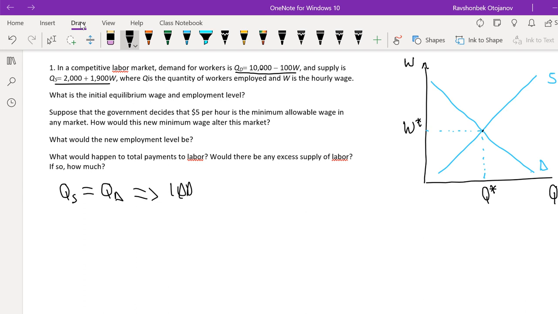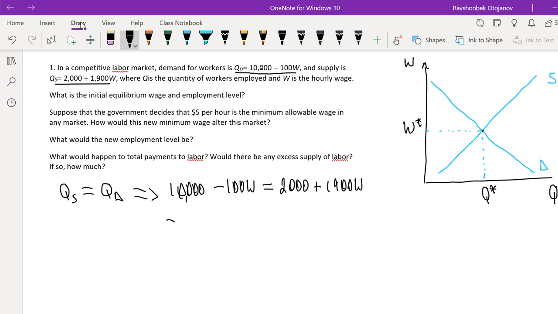So 10,000 minus 100 W equals 2,000 plus 1,900 W. Now the unknowns are going to be on the left side, so I will move them to the left-hand side by subtracting 1,900 W from both sides, and also taking away 10,000 from both sides of the equation.